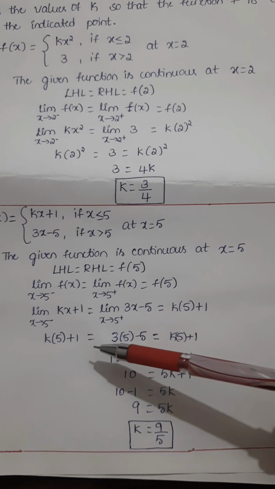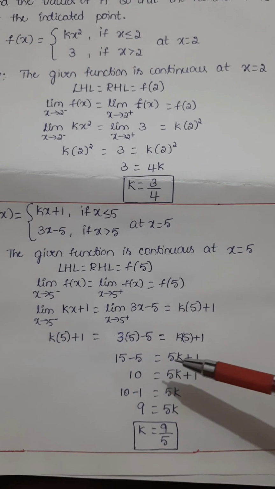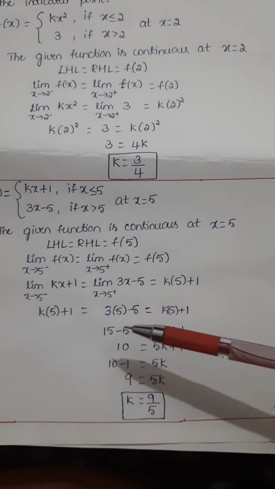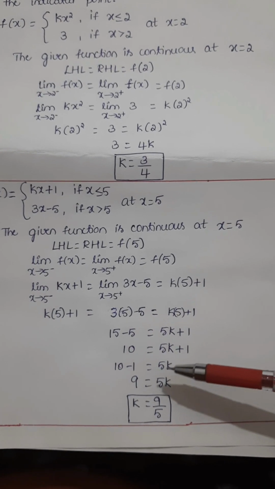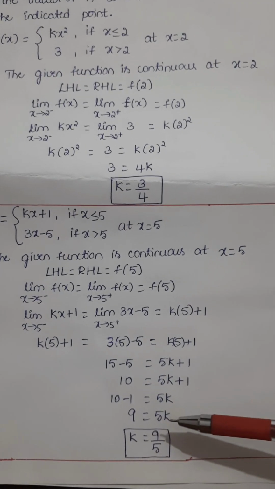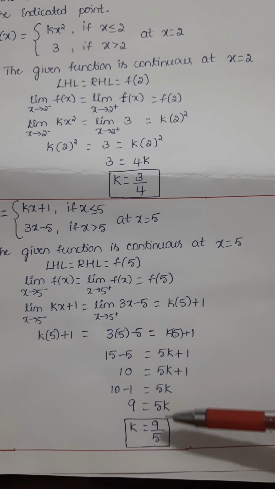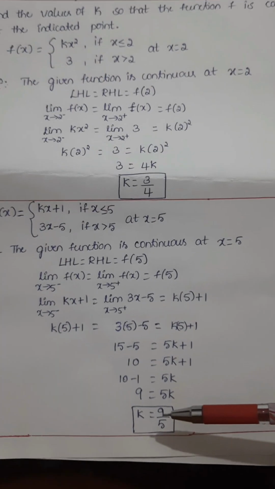Consider any one. So 3 fives are 15 minus 5 is equal to 5k plus 1. 15 minus 5 is 10, equal to 5k plus 1. Shift 1 to the LHS because we have to find the value of k. 10 minus 1 is 9, that is equal to 5k. So k is equal to 9 by 5.